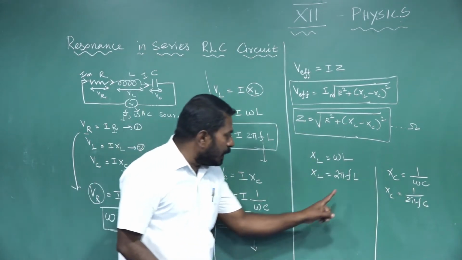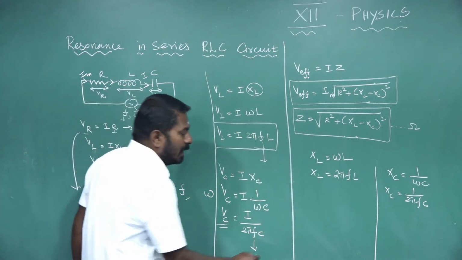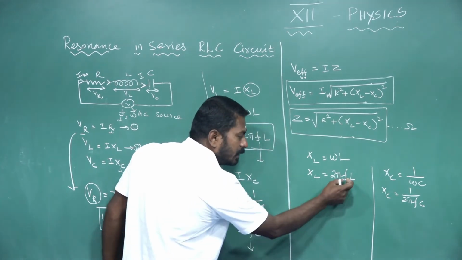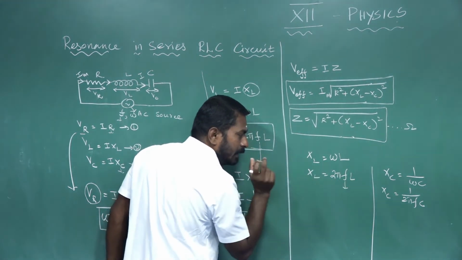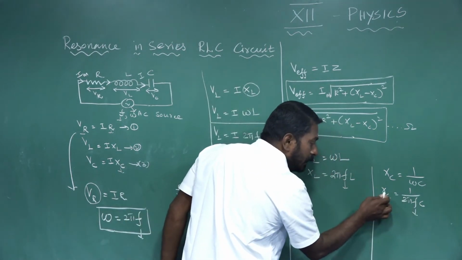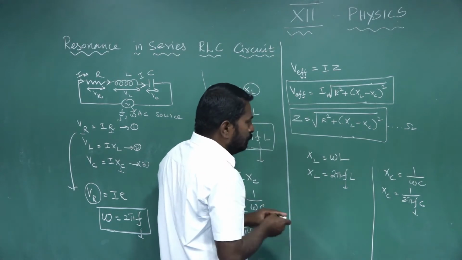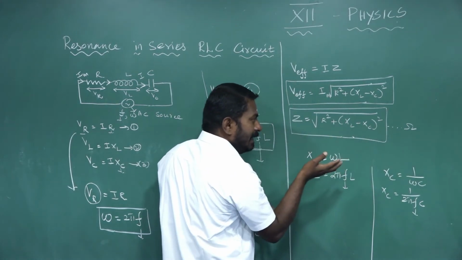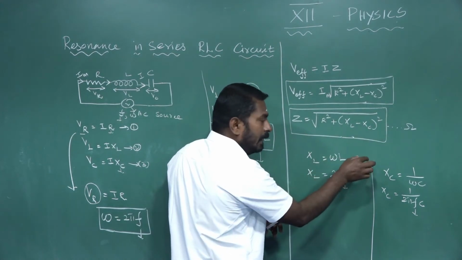See, initially the frequency of the AC voltage is a small value. What happens? Inductive reactance is small because the frequency is small, but capacitive reactance is a larger value because it is inversely proportional. Now, as the frequency of the AC source increases, inductive reactance increases and capacitive reactance decreases.